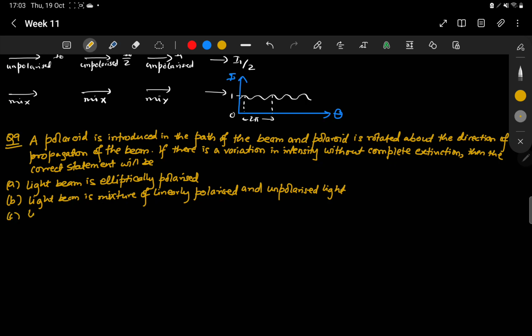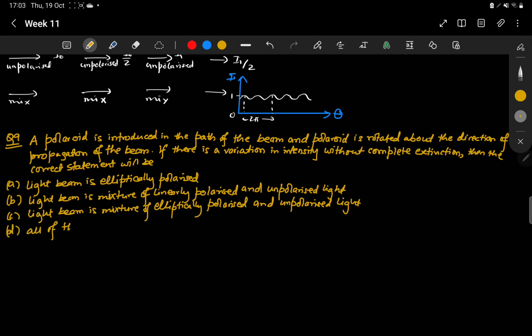Option C. Light beam is a mixture of elliptically polarized and unpolarized light. Option D. All of these.